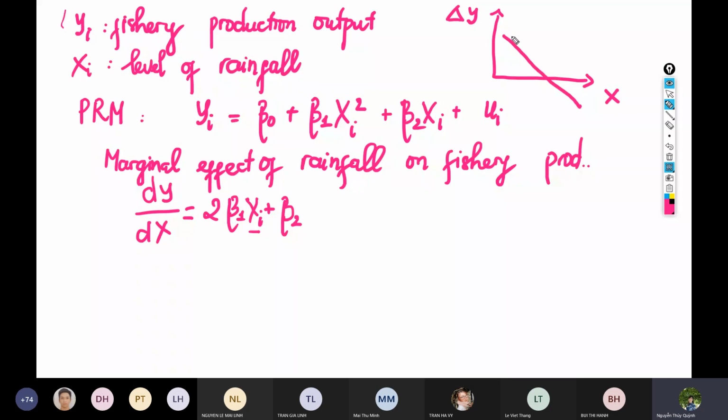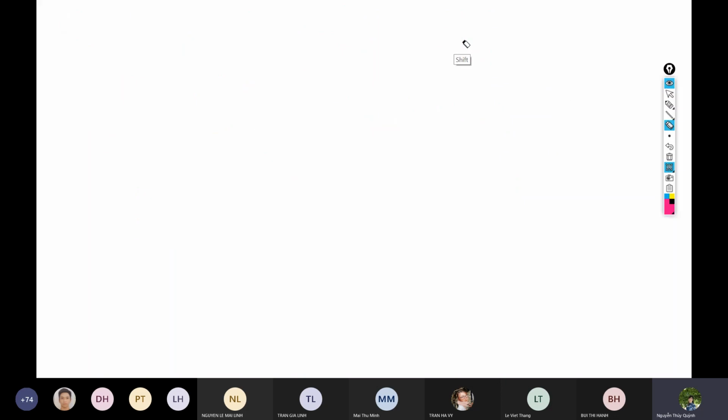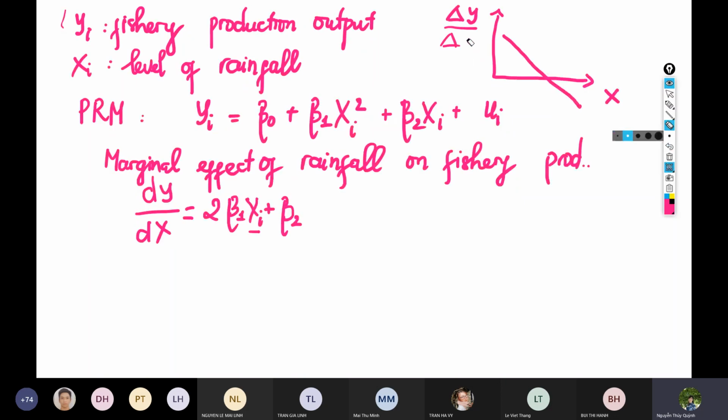At first it is a positive number, but when the level of rainfall increases too much, the marginal effect of rainfall on fishery production will be a negative number, like this. So what is our expectation about the sign of the regression coefficient?